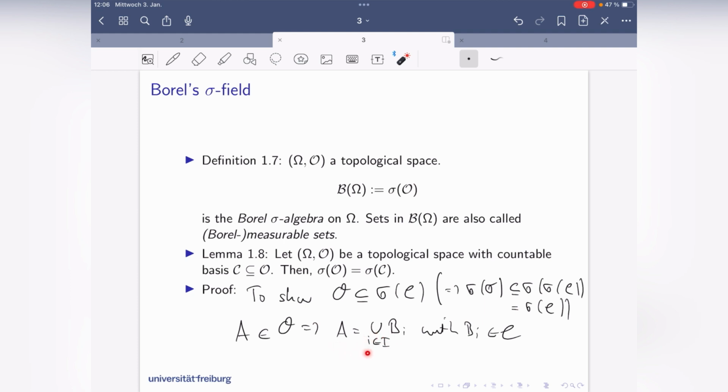And if it's countable, then it's also contained in sigma of C, because I just write it as a countable union of sets in C, and that's of course contained in the sigma algebra generated by C. So I'm done.